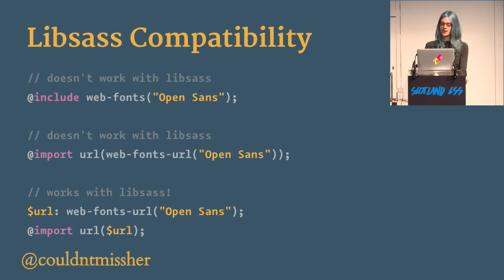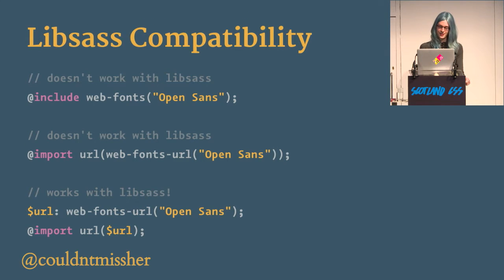It can only take strings and variables. So I now have a section in my README that says, if you're using libsass, the syntax I've used here won't work. You have to make a variable and put the URL in it first, calling the function, and then import from the variable. And this took a very long time to figure out.